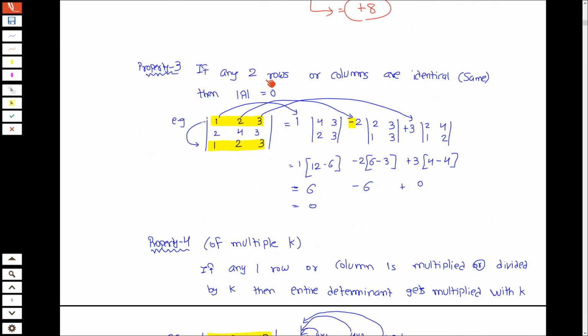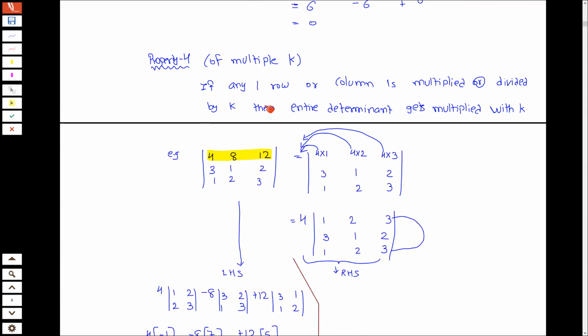Now the third property says that if any two rows or any two columns are identical, then if you solve that determinant, ultimately you will get 0. This is a very important property, because sometimes they ask us to prove without expansion that it is 0. So what will we have to do? We have to make any two rows or any two columns the same. Then we can say that the value is 0.